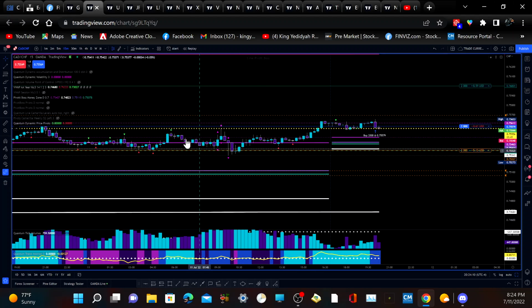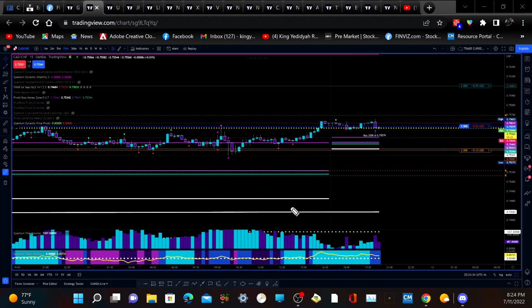So the value area high is that purple line right here. This purple line is the value area high on the previous day. And this was the value area low on the previous day. And this is a virgin level. It hasn't been touched since it's been created, so it keeps coming across, just to signify that price action hasn't touched it.